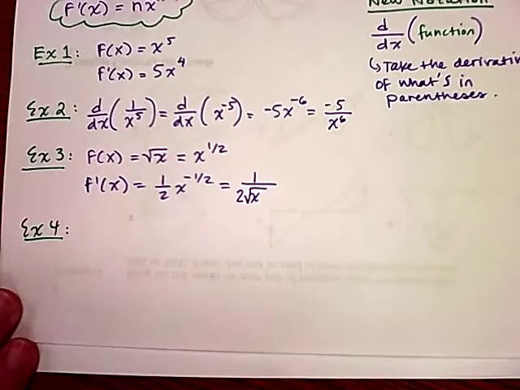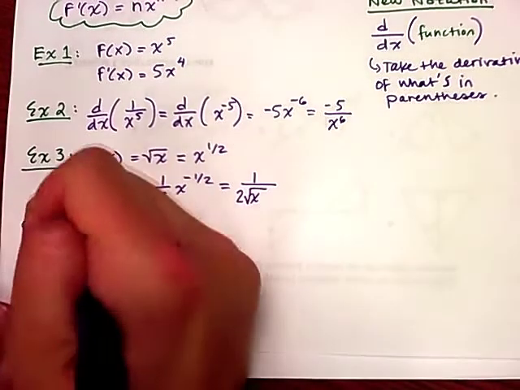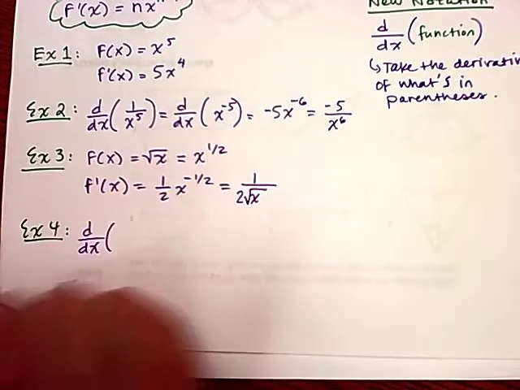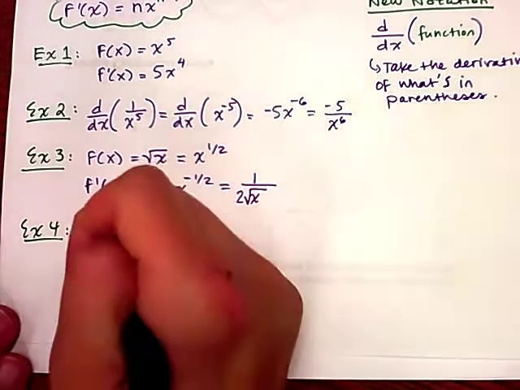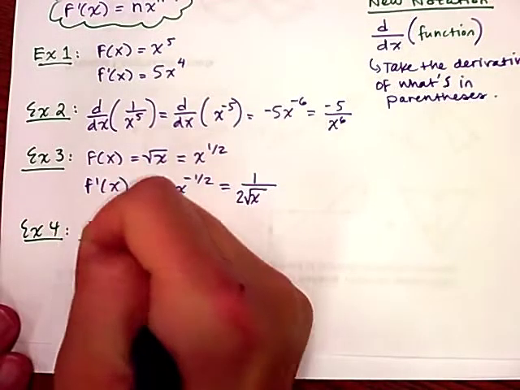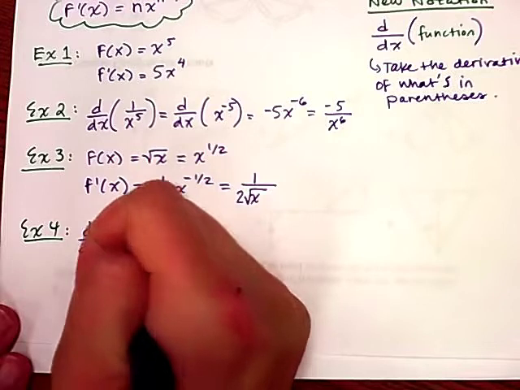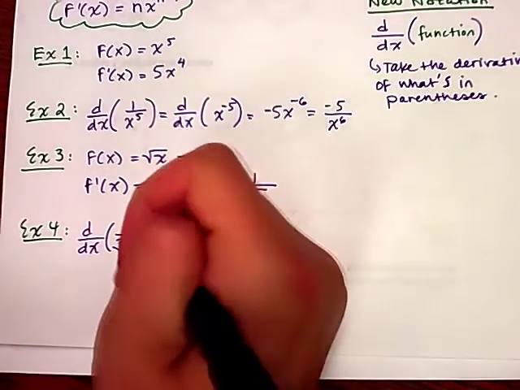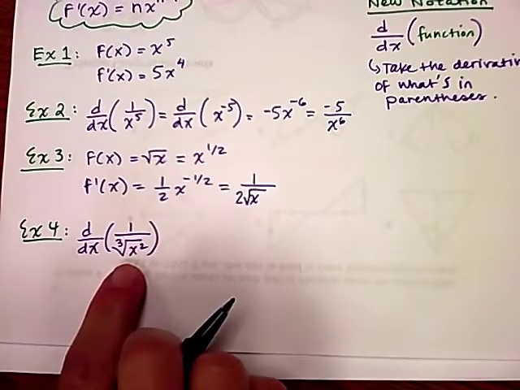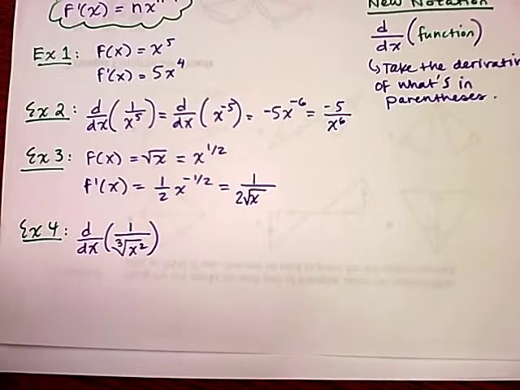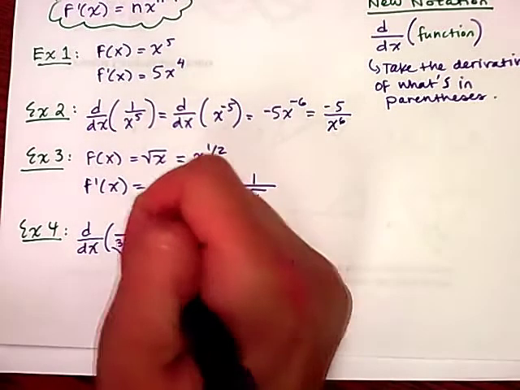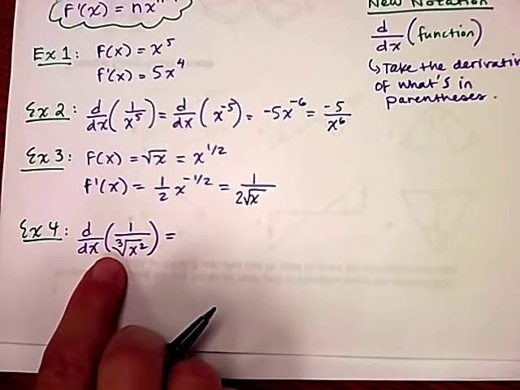My next example, I'm going to use my new notation again. So the derivative of 1 over the cubed root of x squared. So again, this looks not like a variable raised to a power, but I can rewrite it as such. So I'm going to make my cubed root, that's to the 1/3 power.